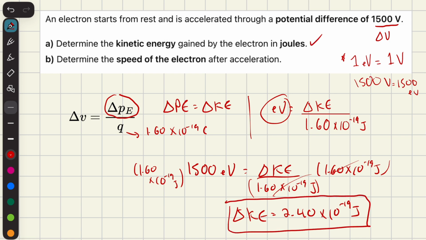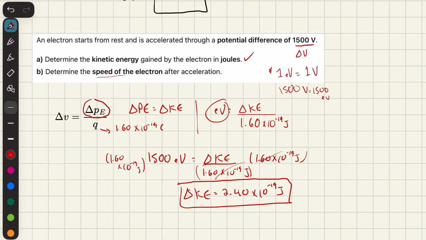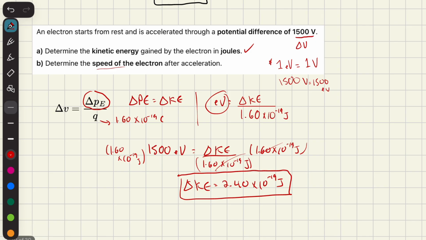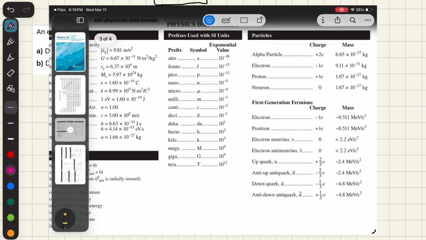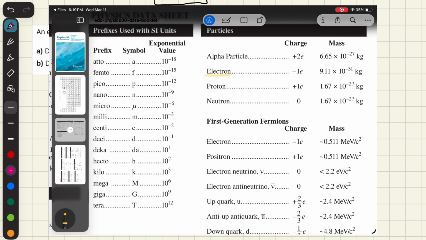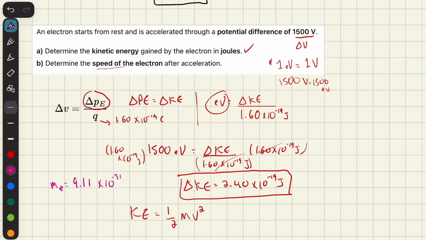Now for the second part, where I want to determine the speed of the electron, since I know the kinetic energy, we can just plug it into the kinetic energy formula, which is half mv squared. Now, the mass of the electron is also given in our data sheet, and it's a constant. The mass of the electron, I'll write ME, is equal to 9.11 times 10 to the negative 31 kilograms.